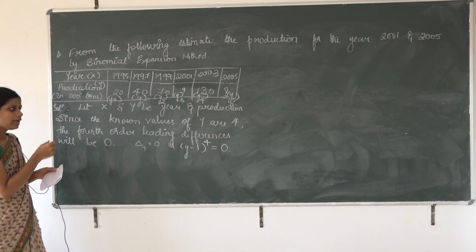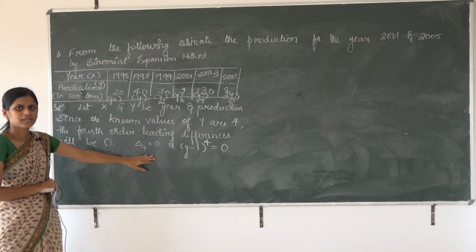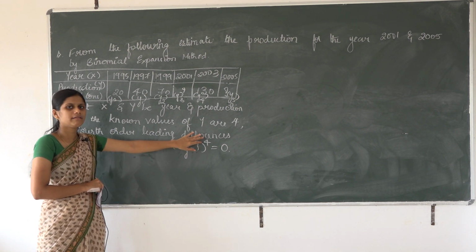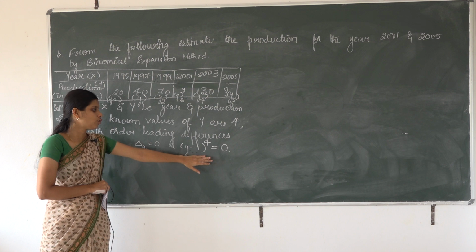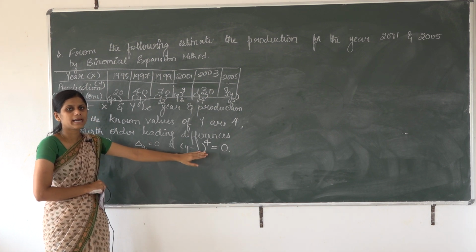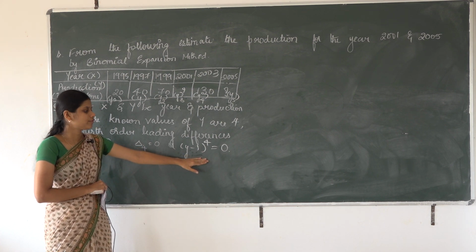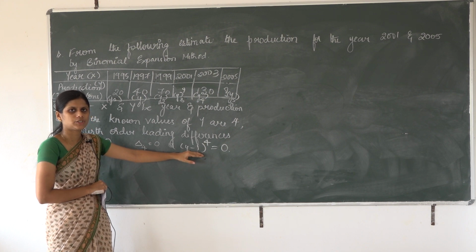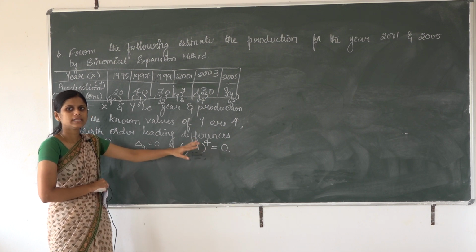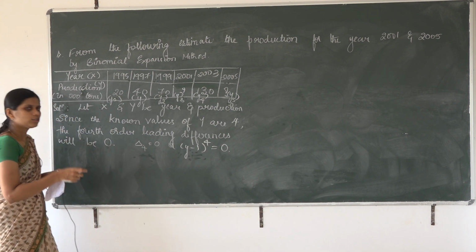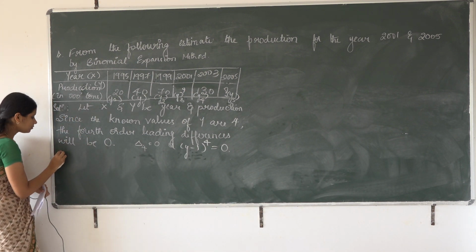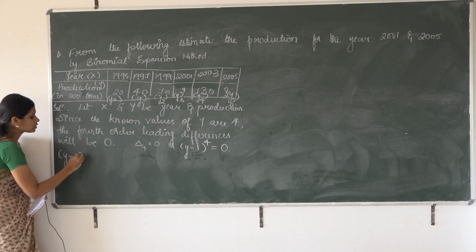This is the second step, that is (y minus 1) raised to 4 is equal to 0. First of all, we have to expand the left hand side of the equation. We have to expand this equation, (y minus 1) raised to 4.